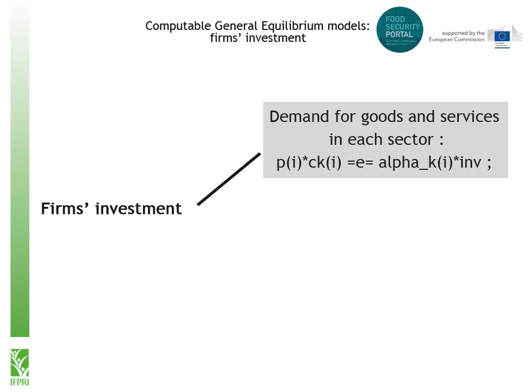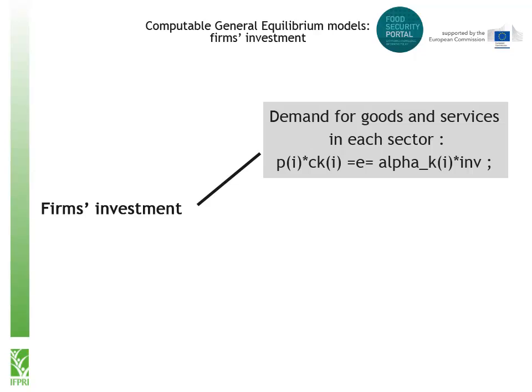So if INV is the total investment at the level of the economy, the purchase of each good in each sector is CKI, such that PI CKI is equal to a constant, which is called alpha underscore K I, times INV, the total investment.